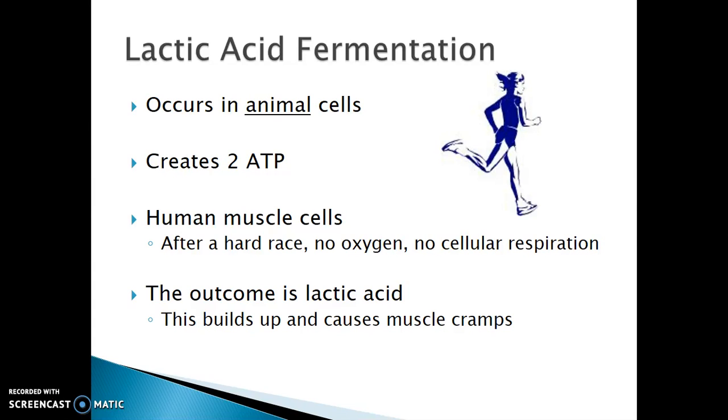And so they start undergoing lactic acid fermentation, creating lactic acid and that builds up on your muscles and causes muscle cramps. Lactic acid muscle cramps are the really sharp cramps that happen while you're running, particularly in your side and your large muscles such as the quads. And they quickly go away once the body has taken the lactic acid away.